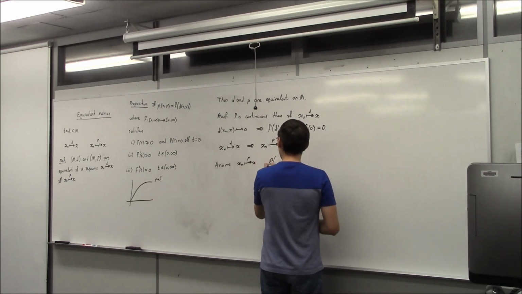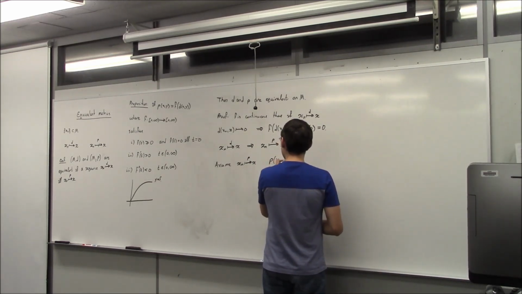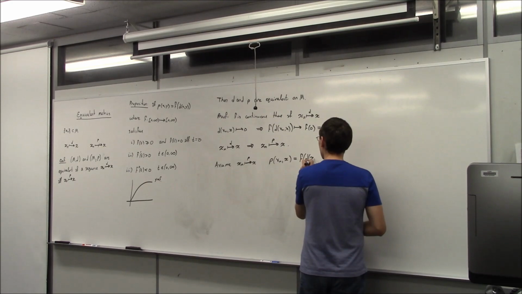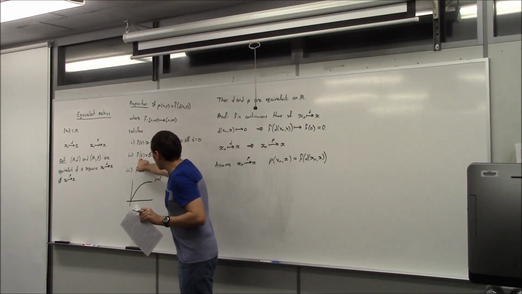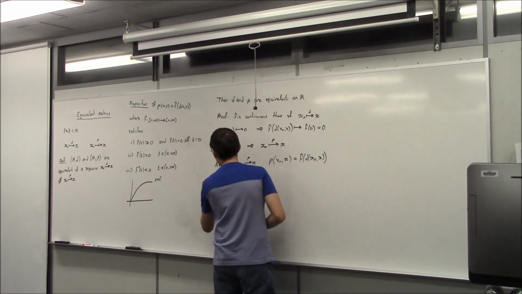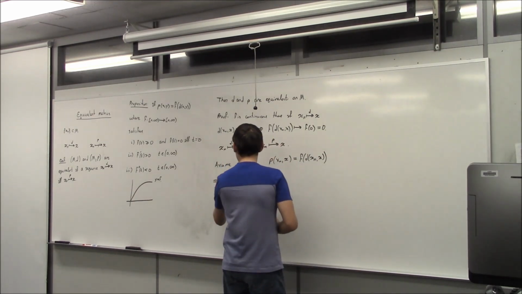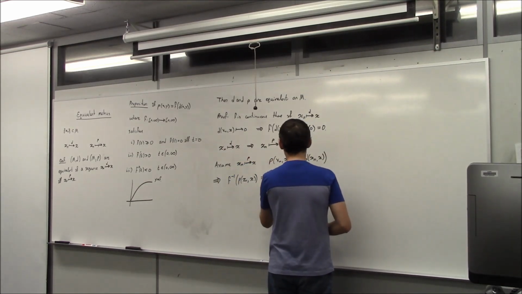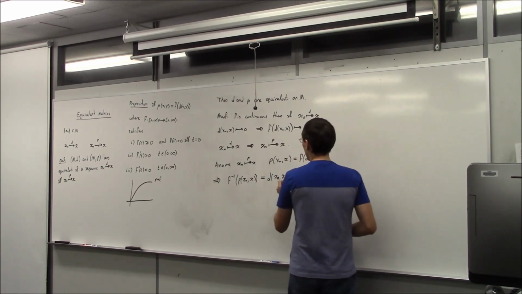Now rho of xn to x is simply the function f applied to the distance of xn to x. Because the function's derivative is positive, the function is invertible and the inverse is continuous. So the implication is that if I apply f inverse to rho of xn, x, that is the same thing as the distance from xn to x.